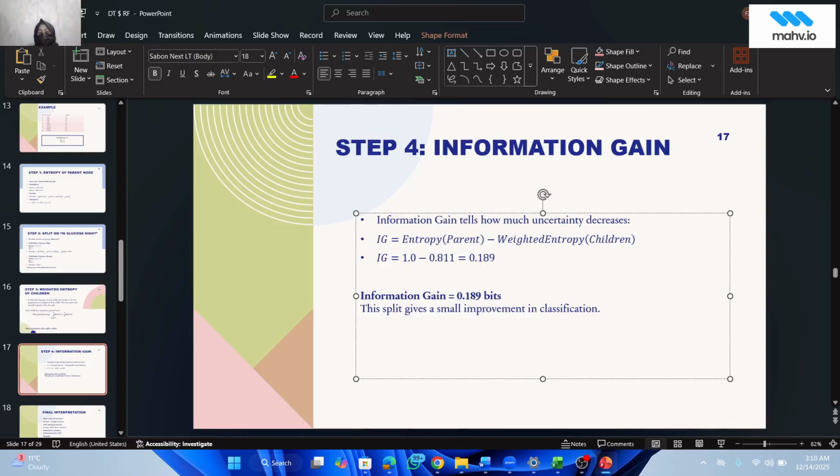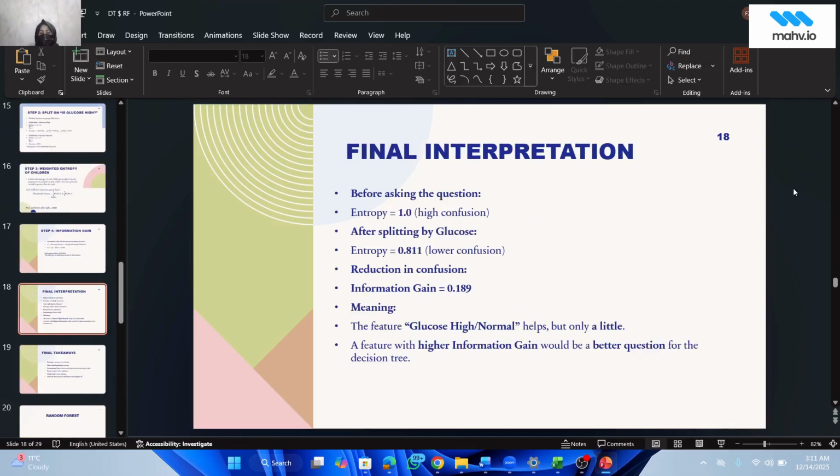This gives a small improvement, but we have to see whether any other feature has higher information gain than this. If, after processing by the formulas, you get a greater information gain, that feature will be selected as the root node. So information gain just reduces the uncertainty and entropy in your system.